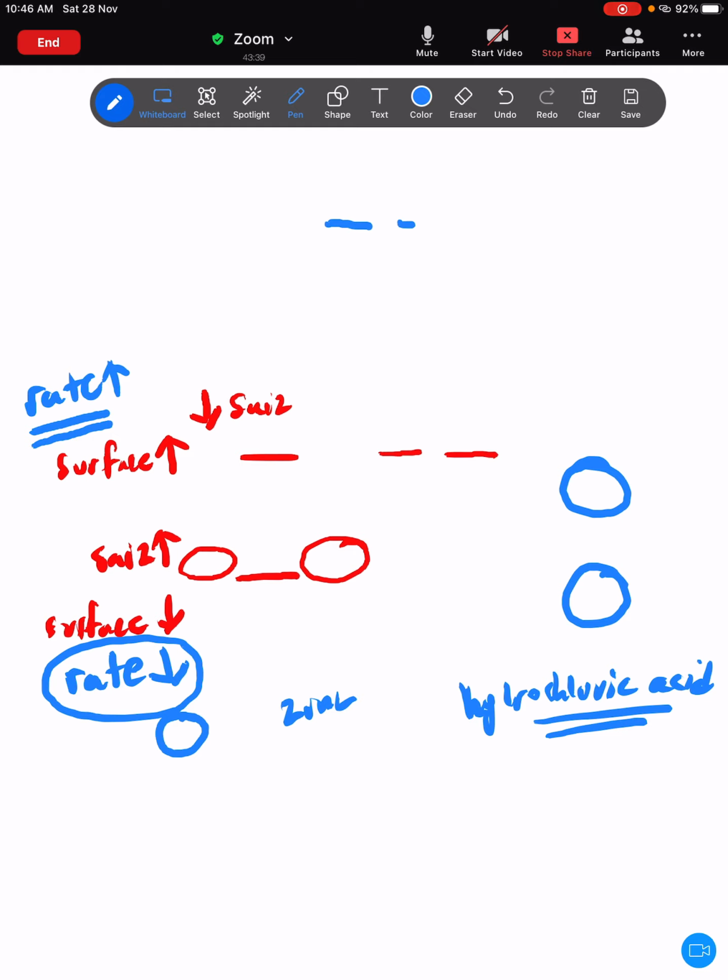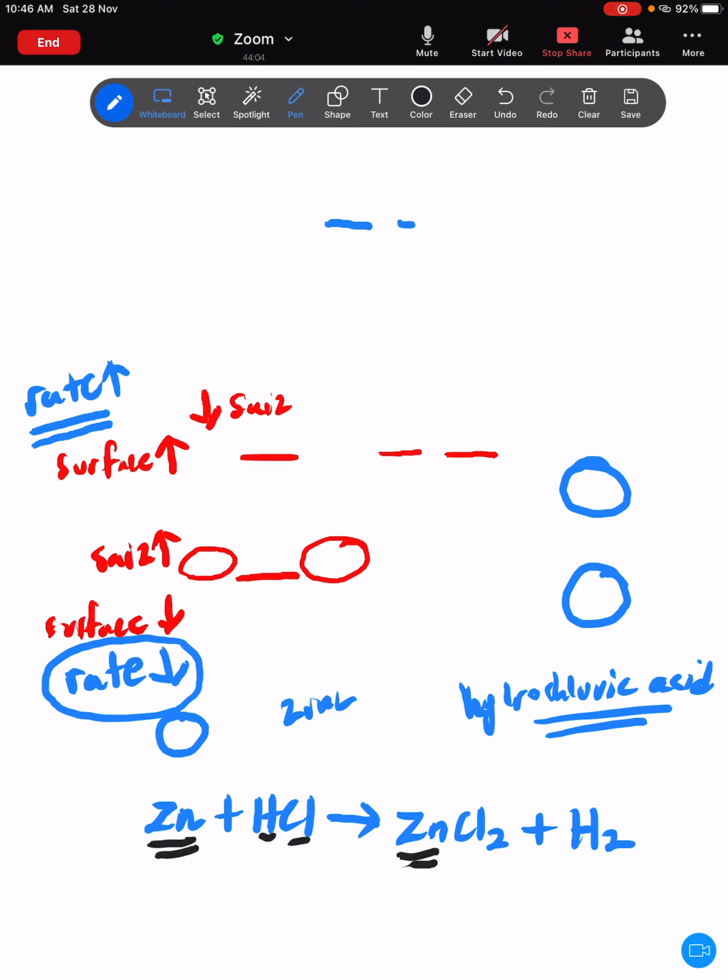Okay, my dear students, you have zinc plus hydrochloric acid, then you will produce zinc chloride and also hydrogen gas. Therefore, this is not balanced. The zinc is balanced, and for the HCl, you have 2H, so you put a 2 over here.